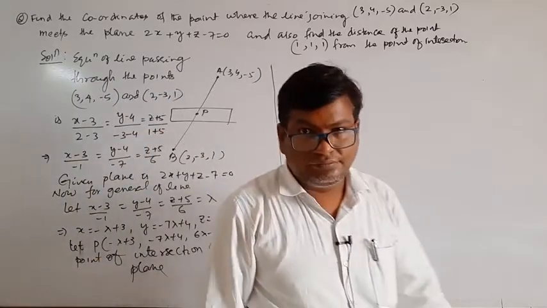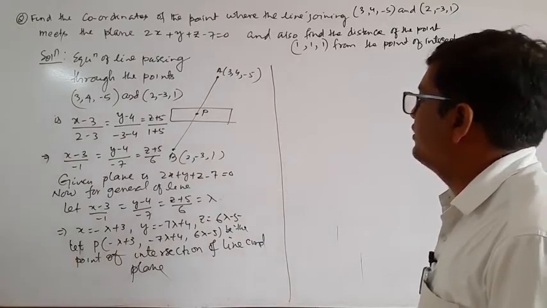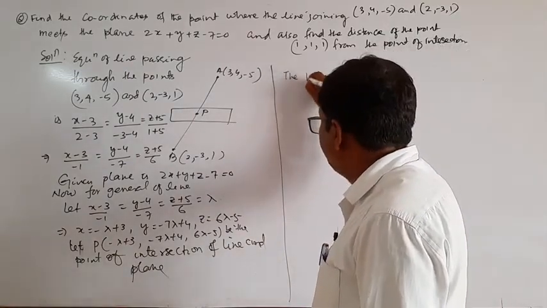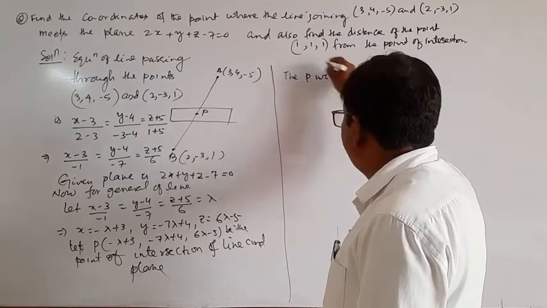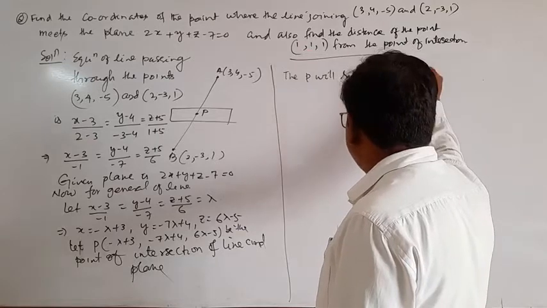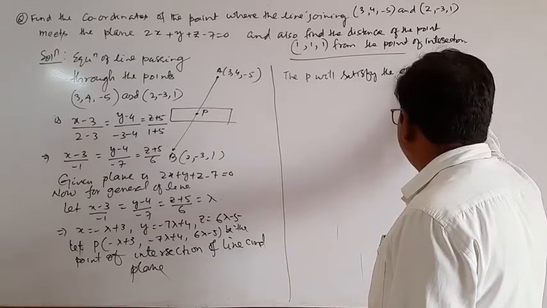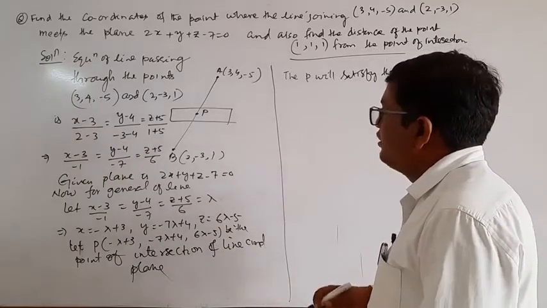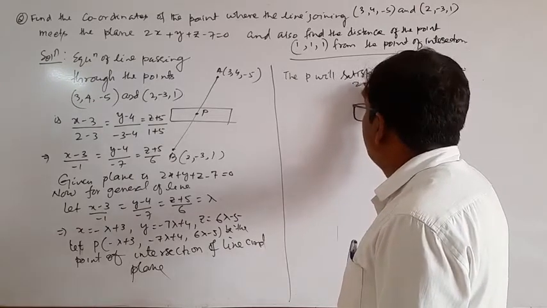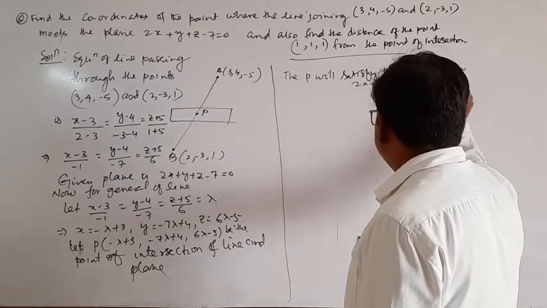Then the point of intersection P will satisfy the equation of plane. Putting this value in the equation of plane, the plane is 2x plus y plus z minus 7 is equal to 0.